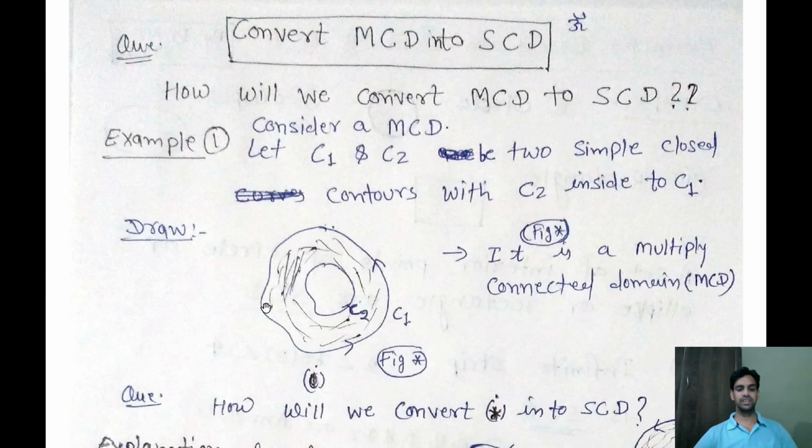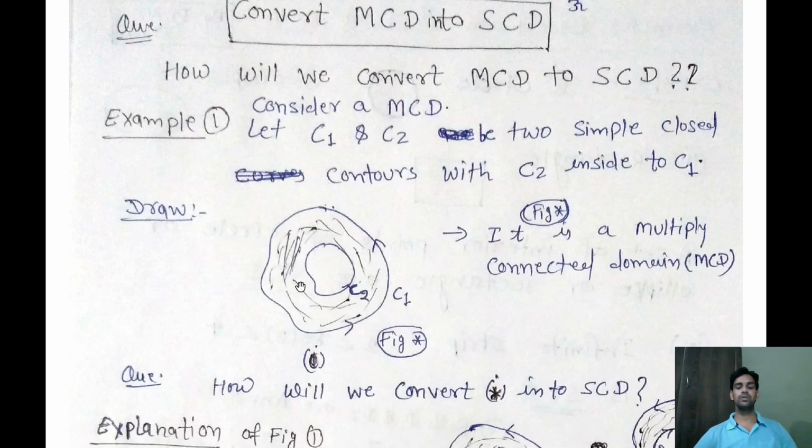This is our C1 closed contour and this is C2 inside. And this is our common region. Because the domain contains one hole, this is not a simply connected domain. Now the question: how will we convert it into a simply connected domain?